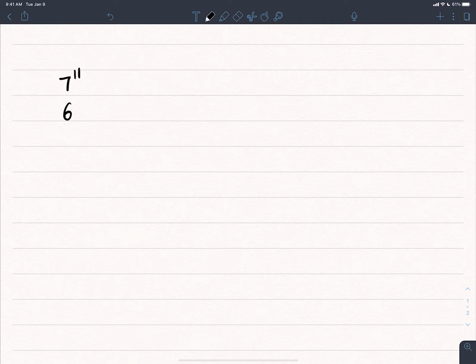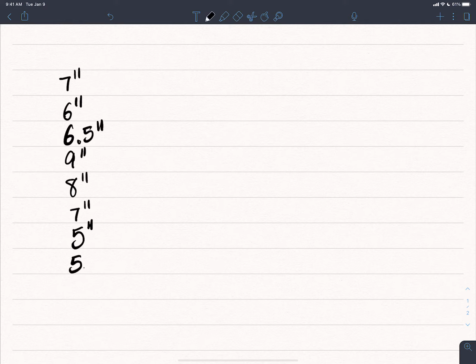Another baby's head is 6 inches. We get 6.5 inches. We get 9 inches. That baby has a big head. 8 inches, 7 inches. One baby's head is 5 inches, 5.5 inches. So let's just do this many, however many this is. I think this is 8.